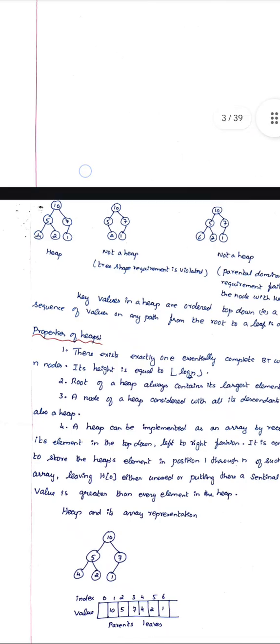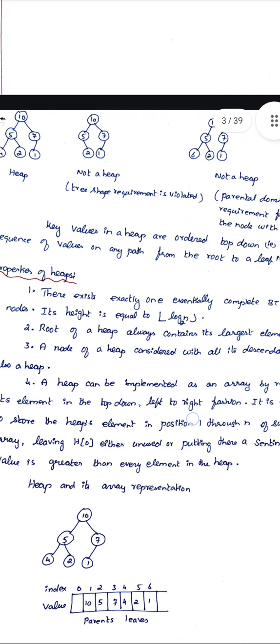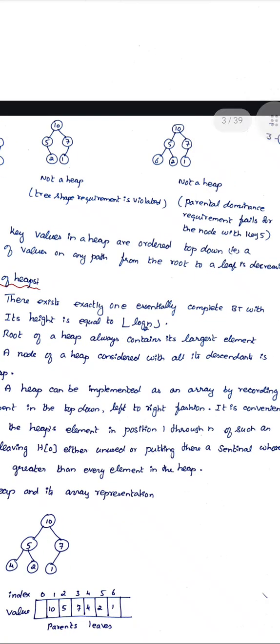This is not a heap because the left node is not there. This is also not a heap. Why?